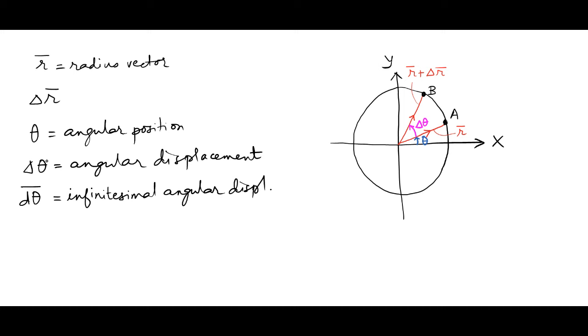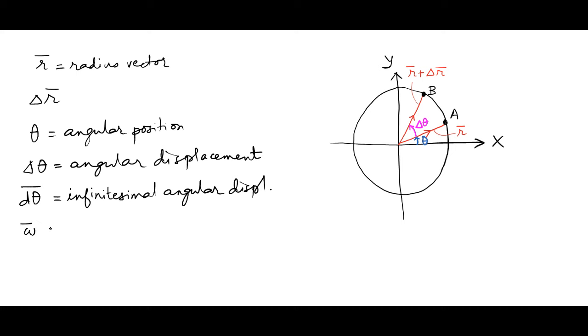In the particular case of two-dimensional motion, like in circular motion, delta theta could be treated to be a vector because it obeys the parallelogram law of vector addition as long as the motion of the particle or of the object is restricted to two dimensions.